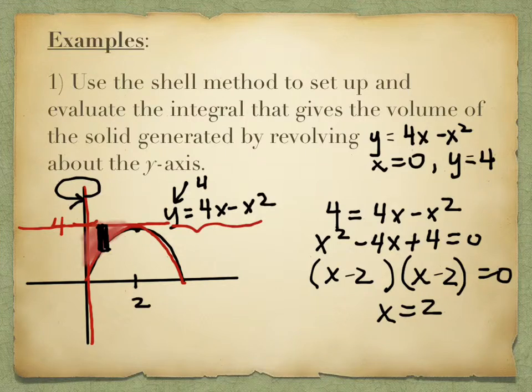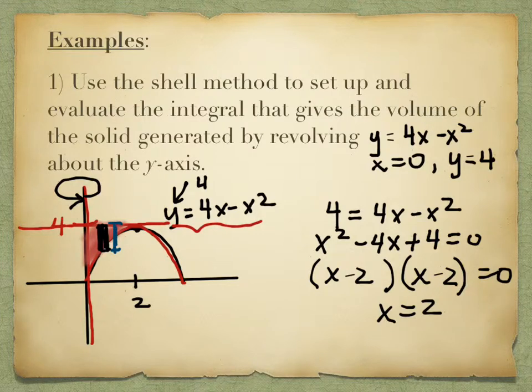Now, this rectangle is rotating, and as I told you, I'm no good at drawing these pictures, so we're going to work without them, but we can still identify the pieces of information on the picture, just like we did with discs and washers, okay? In other words, my height is actually right here, in blue. That's my height.